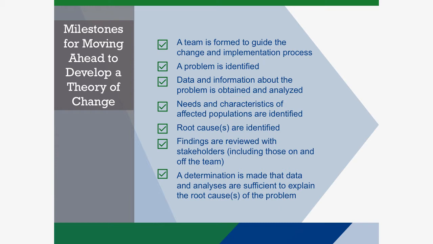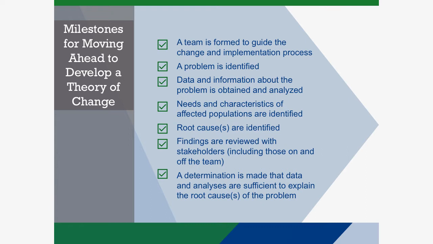Before moving to the next part of the change and implementation process, it's a good idea for teams to assess whether the critical tasks for problem exploration are complete, including: a team is formed to guide the change and implementation process, a problem is identified, data and information about the problem is obtained and analyzed, needs and characteristics of affected populations are identified, the root cause or causes are identified, the findings are reviewed with stakeholders, including those on and off the team, and a determination is made that data and analyses are sufficient to explain the root cause or causes of the problem.